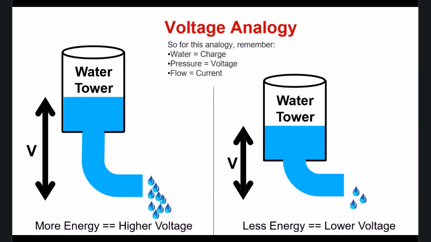So less amount of the water you will get from the output terminal. So that's why we can conclude that if there is less voltage, there will be less energy. I hope you understand this concept of voltage. It is nothing but a flow.